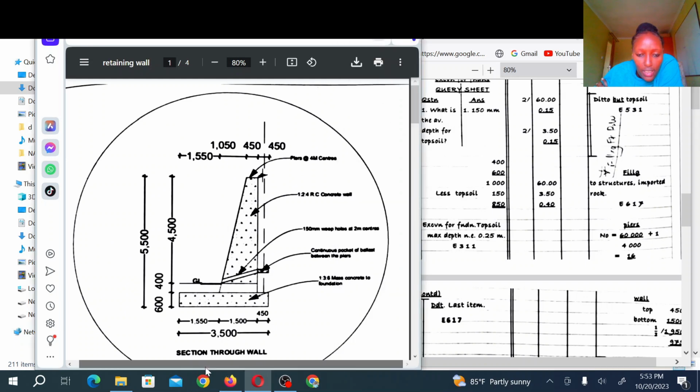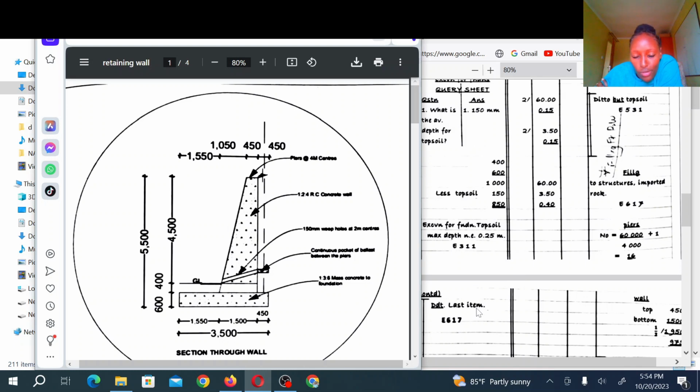We had been told that the piers are at 4 meter centers. The total length of the wall is 60 meters. So to get the number of piers, it shall be 60 meters divided by 4 meters plus 1. We shall get 16 piers.